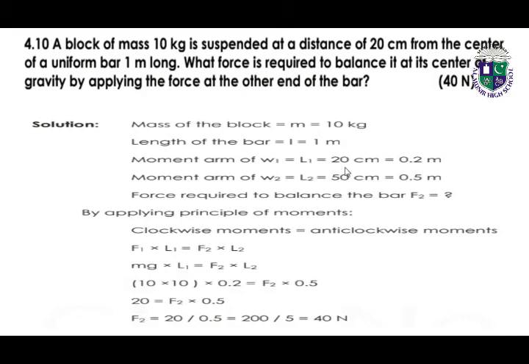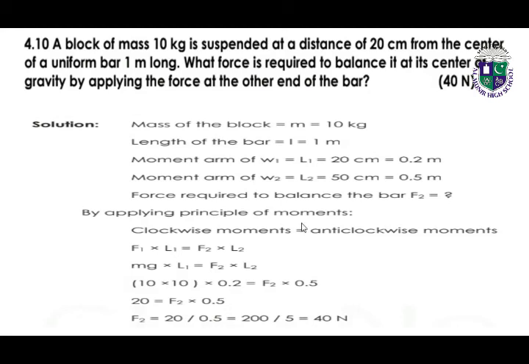So L1 is 20 centimeter. Convert it into meters. Moment arm of W2, L2 is 50 centimeter, which, if we convert it into meters, we get 0.5 meters. Force required to balance the bar, we have to find out F2.